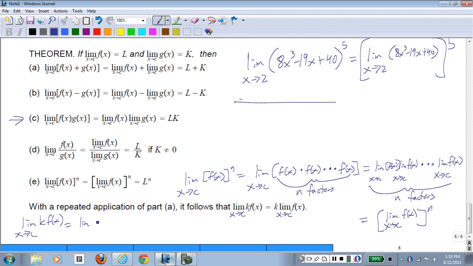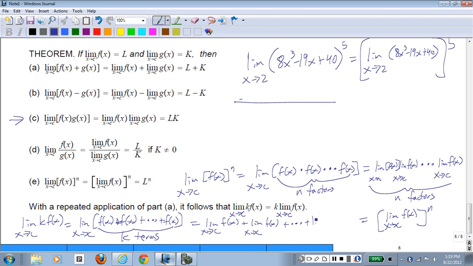That's the limit of f of x plus f of x plus dot dot dot plus f of x, k terms there of f of x, equals the limit of f of x as x approaches c, plus the limit of f of x as x approaches c, plus dot dot dot, plus the limit of f of x as x approaches c.